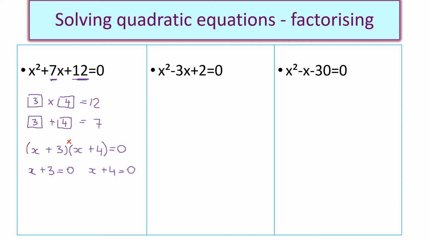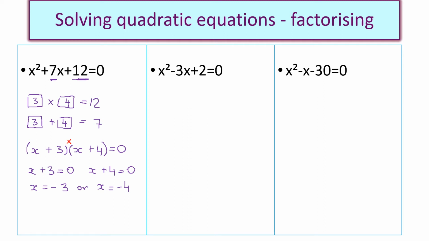When we solve x plus 3 equals 0, x is equal to minus 3, and x plus 4 equals 0 gives x equal to minus 4. And this is our solution: x is equal to minus 3 or x is equal to minus 4.